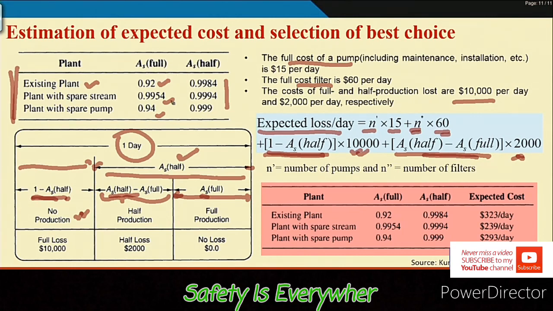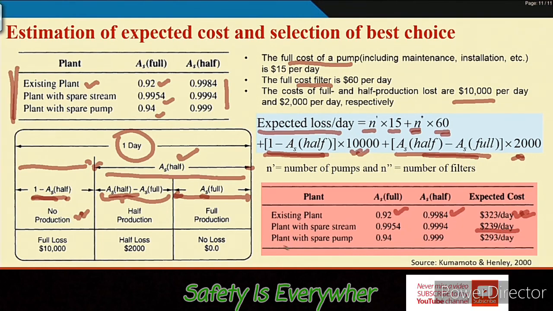Now using this, and the number of pumps and their cost, you found that if you continue with the existing plant, the cost is $323 per day. If you go for the second alternative, the plant with a spare trim, it is $239 per day, and if you go for the third alternative, the plant with a spare pump, it is $293 per day.